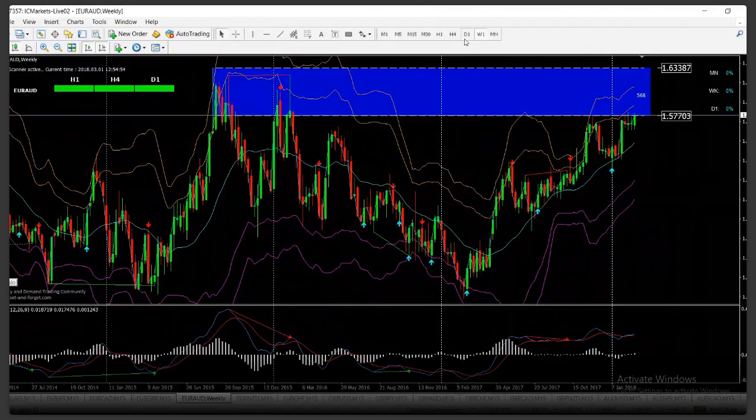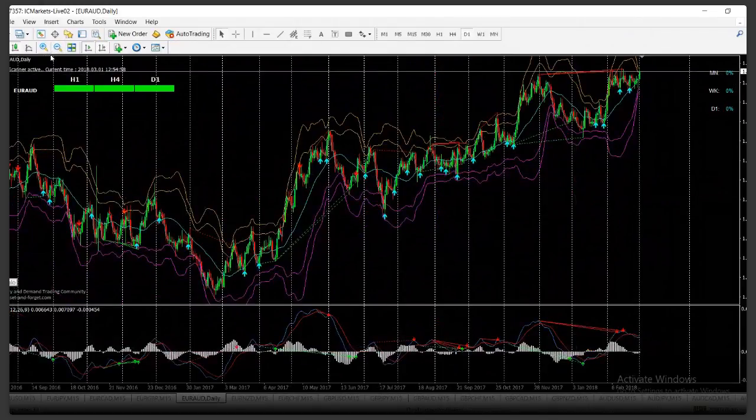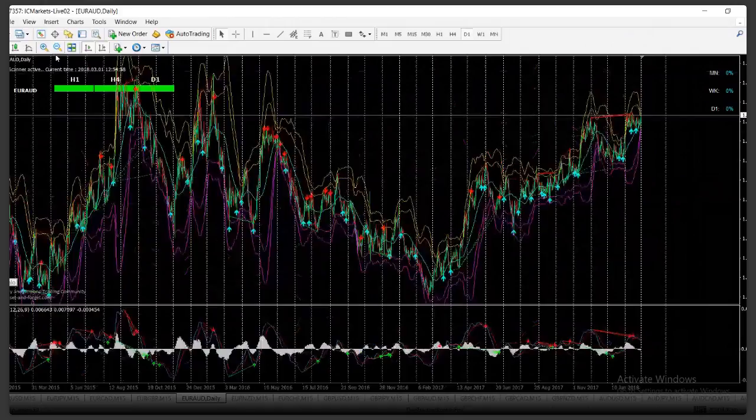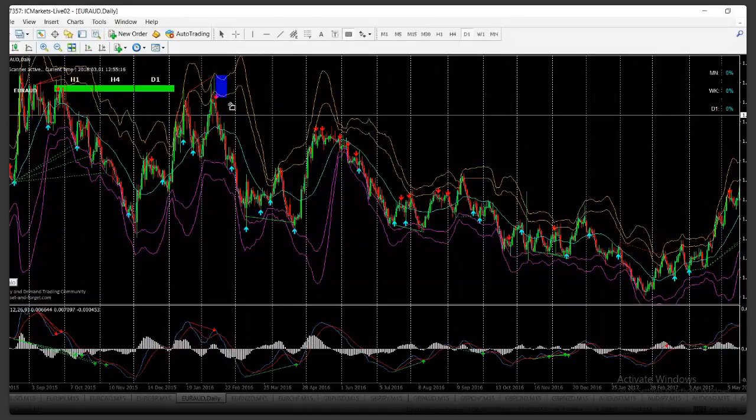So I'll zoom into the daily. Zoom out. We're going to have to go back in time to see if there's anywhere. And prices here now.